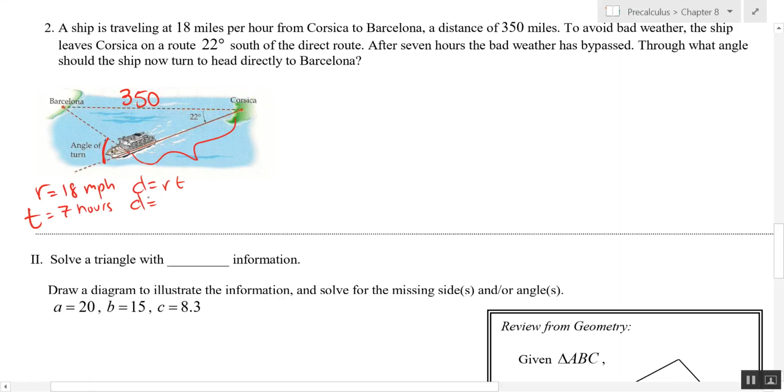And calculate the distance traveled is equal to 18 times 7, or 126 miles. Notice the units on this. We have miles per hour times hours, and we're left with miles. So I'm going to label this 126 miles.